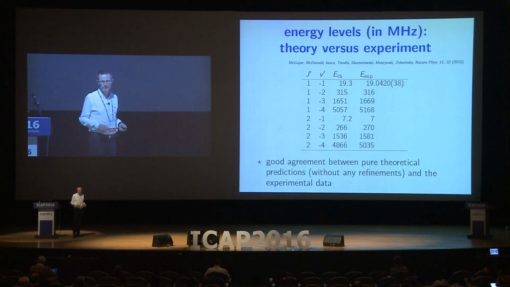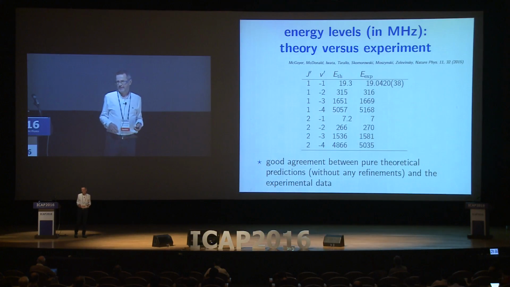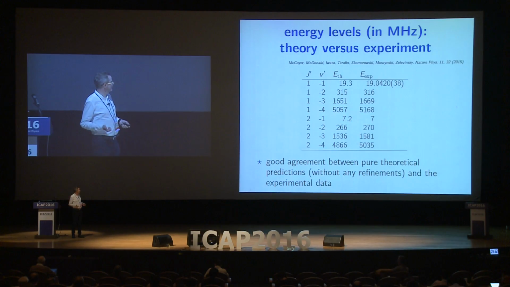I recall to you that all these numbers are in megahertz. So there is a good agreement between pure theoretical predictions and experimental data, and this was the first result that supported that what they observed are these doubly forbidden transitions.